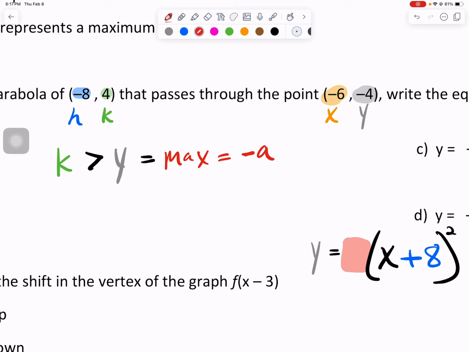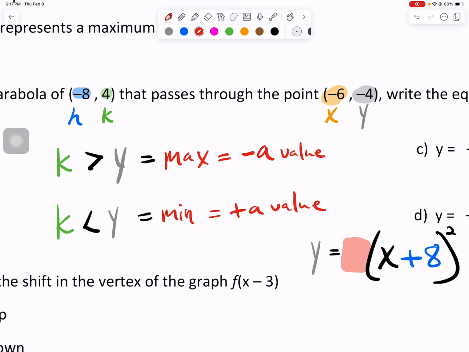Now, if our k value is less than y value, that will equal a minimum function, which equals a positive a value.